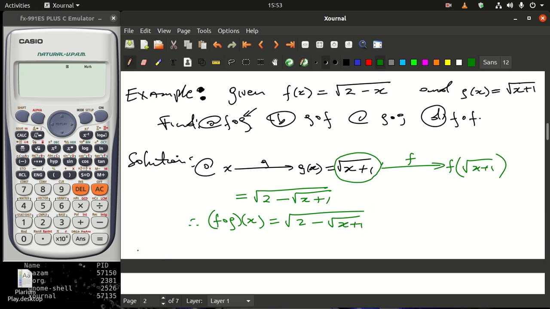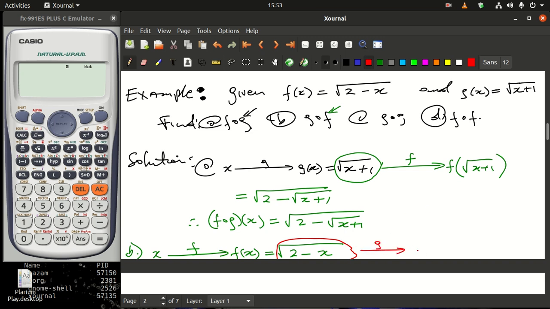The same thing for b. You take your x and then you plug it in f first. We end up getting f of x, and f of x is the same as 2 minus x, and then I take this whole thing, which is an output that I got, and then I plug it inside g.